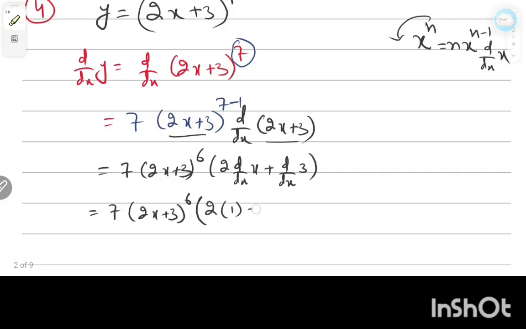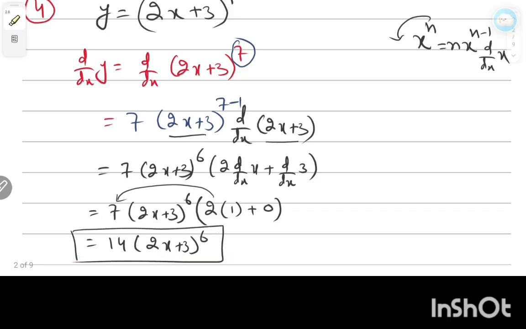Yes, it will be 1. And what is the derivative of the constant? If a constant is alone, it is a constant. So the derivative of a constant alone is 0. So here is 2, multiplied by 7, it will be 14, (2x plus 3) power 6. Hopefully, dear friend, you can understand this concept.